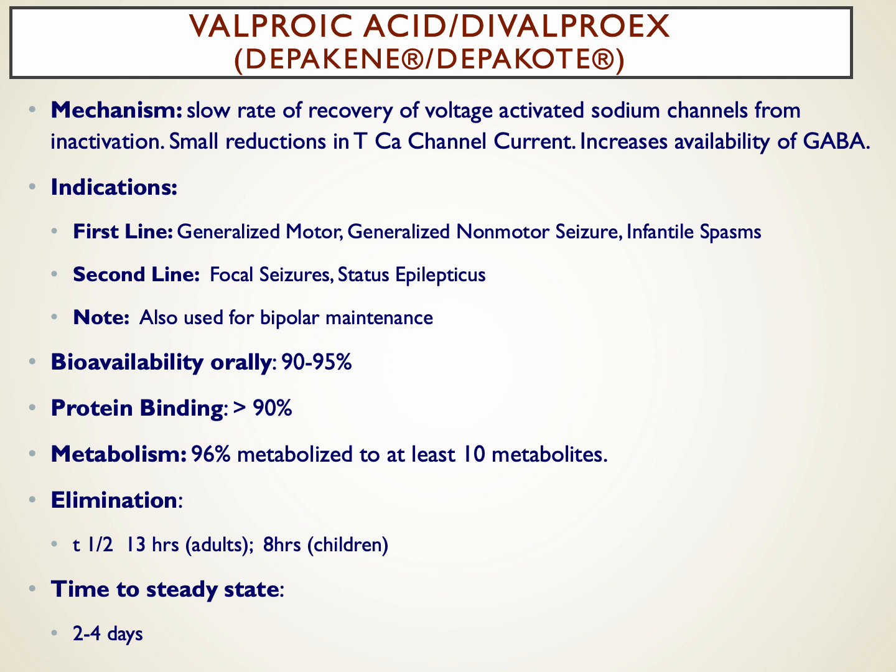It's indicated as a first-line therapy for generalized motor seizures. Interestingly, it's also a first-line therapy for generalized non-motor seizures, or the absence seizures of childhood. It's also indicated as an agent for infantile spasms, which are very difficult to manage, and a second-line agent for focal seizures and status epilepticus.